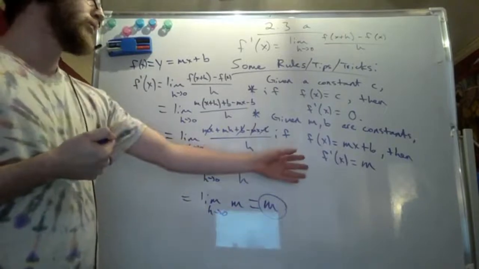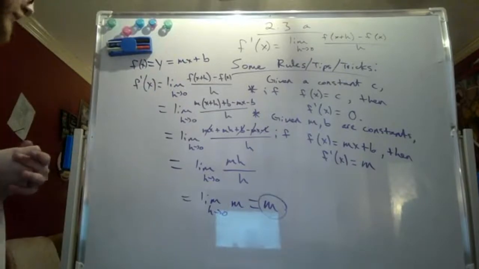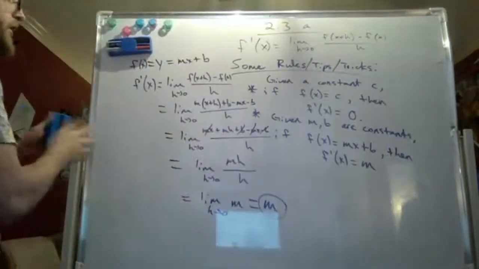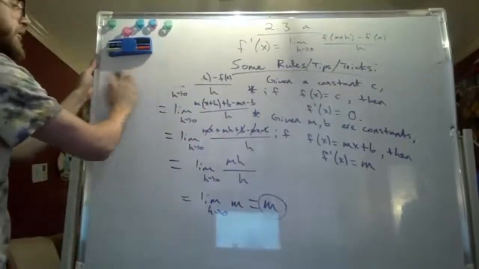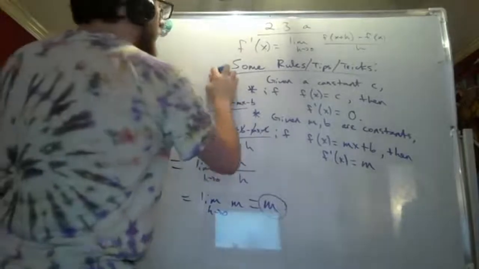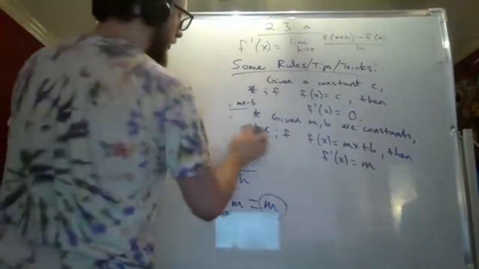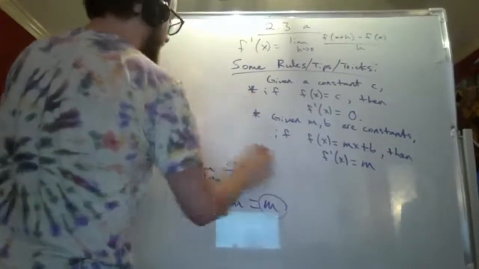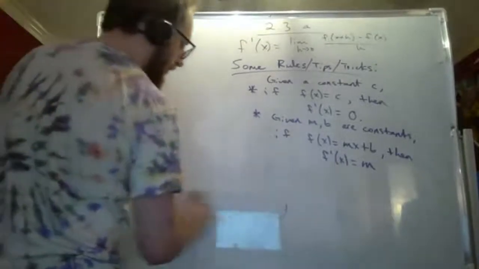All right. And again, you may have also already known that because, okay, slope-intercept form equation of the line, m is slope, slope is the derivative, obviously m is the derivative. Okay, so maybe you didn't learn anything from that. That's all right. This next trick will definitely be something new.